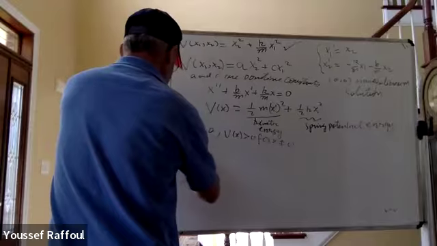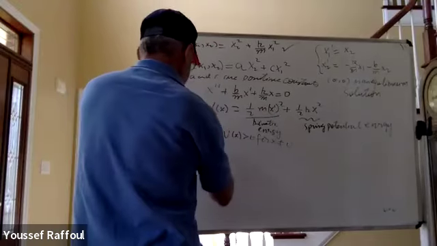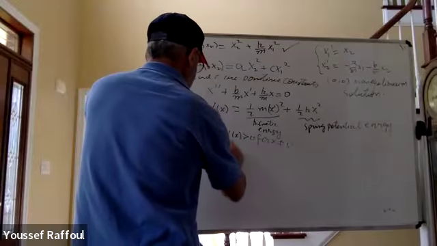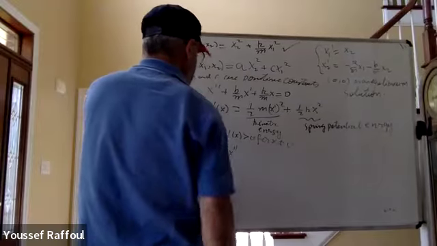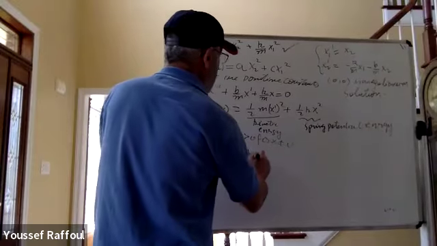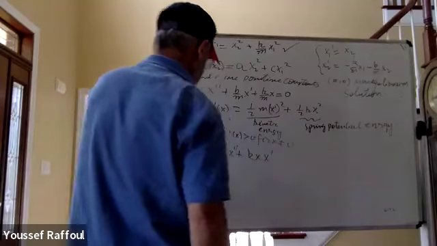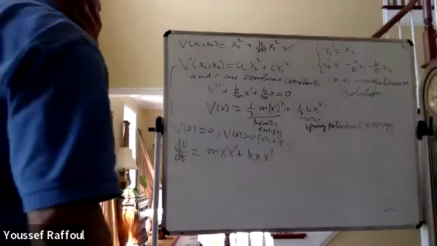Let's take a look at dV over dt. That is m x prime times x double prime plus k x times x prime.